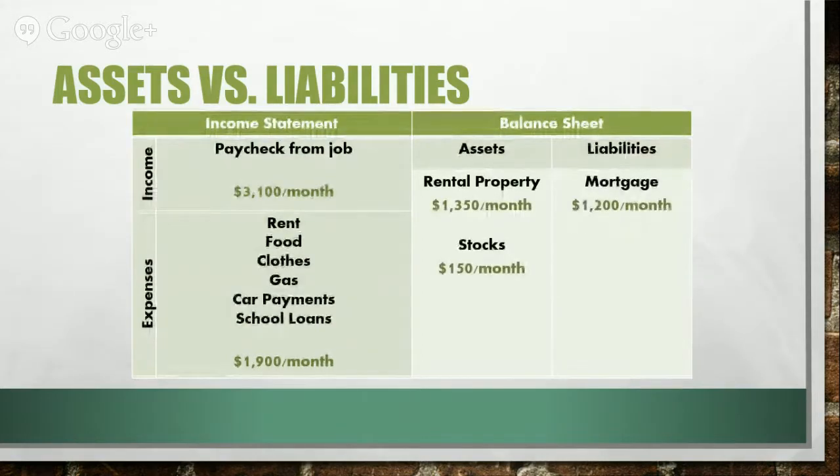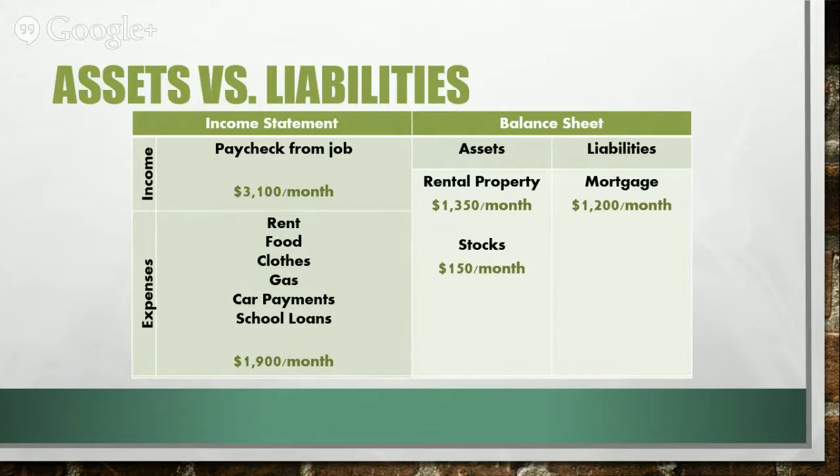So now let's do another example. Let's say that this person now didn't buy the house, but bought a rental property. So yes, this person is still paying a mortgage of $1,200 a month, but the rental property, this house, he's actually renting for $1,350. So now on a given month, this house is putting $150 extra in this person's pocket.